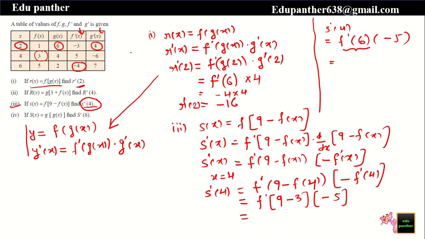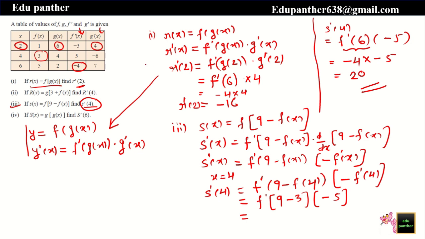So what is f dash of 6 from the table? First we'll go to the table of f dash, which is the third column here, and then 6 means last row, so they're meeting at point -4. So the value of f dash of 6 is -4. So -4 into -5, so this is 20. So s dash of 4 is 20.